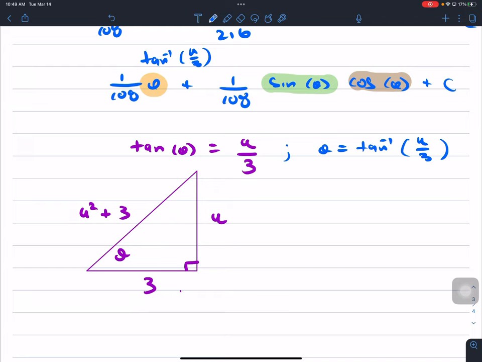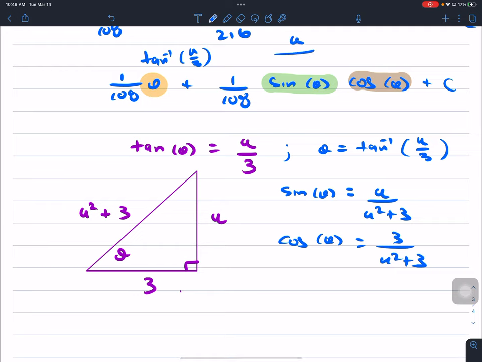Now, what about sine theta? Sine theta, by definition, is opposite over what? Hypotenuse. Is that true? And what's cosine theta? Adjacent over what? Hypotenuse. So this will be u over u squared plus 3, and this will be 3 over u squared plus 3.